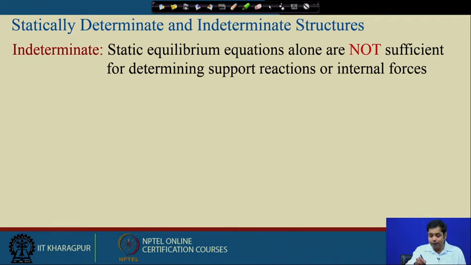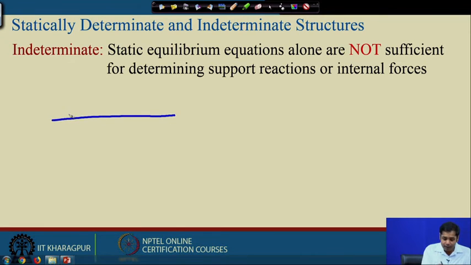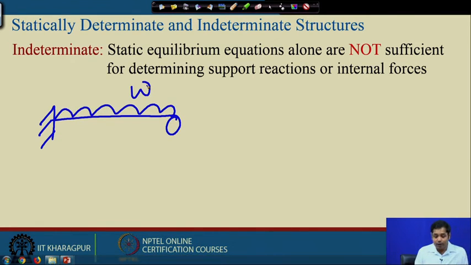For instance, if we have the same cantilever beam example, but make it another support here. It is again subjected to a uniformly distributed load. Now, what are the unknowns?